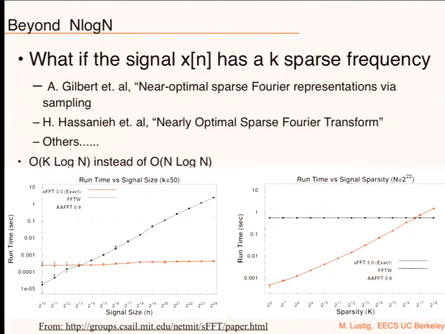As it turns out, in the case where your signal x[n] is k-sparse, where it has a k-sparse frequency, then you can compute in the order of O(k log n) as opposed to n log n. So if out of n frequencies you only have k that are non-zero, then you can compute the FFT in the order of k log n as opposed to n log n.